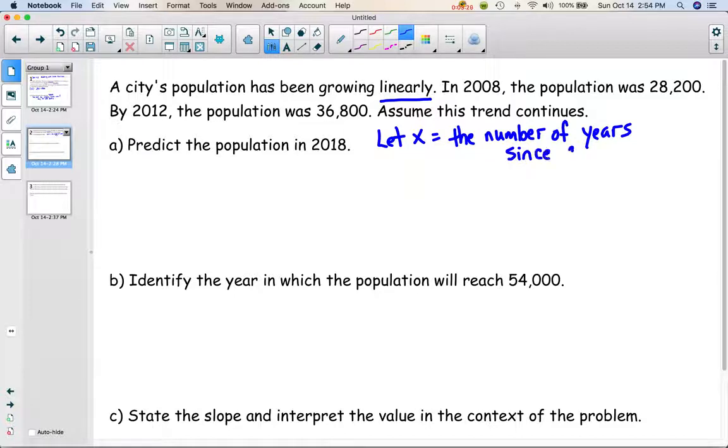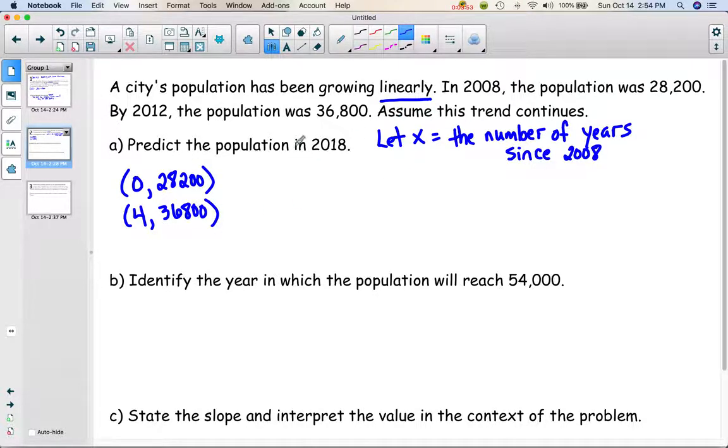So I'm using 2008 as my initial year. So that way in 2008, I can say that's year 0. And the population was 28,200. So 2012 would be 4 years later. So that's going to be a 4 and 36,800. So now I have 2 points.